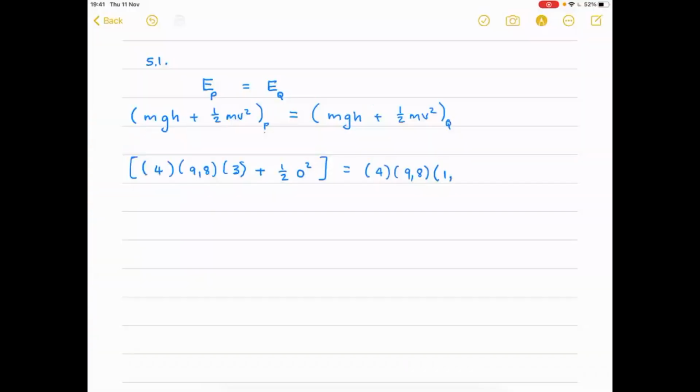Okay, so it's 1.25 plus a half, m is 4, and v is what we're trying to find. Okay, so if you do all of this, 117.6 minus 49, you'll get that v is equal to 5.86 meters per second.